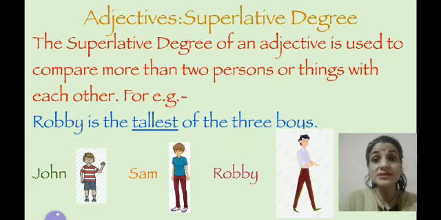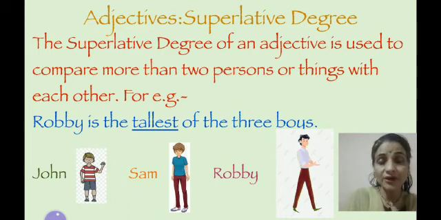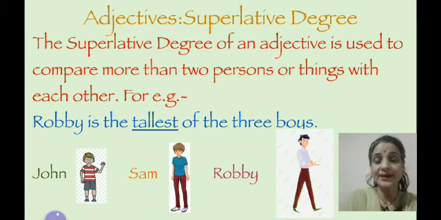So, who is the tallest? Robbie. Here we are comparing John, Sam and Robbie in height. So the adjective is tallest, which is used in superlative degree.